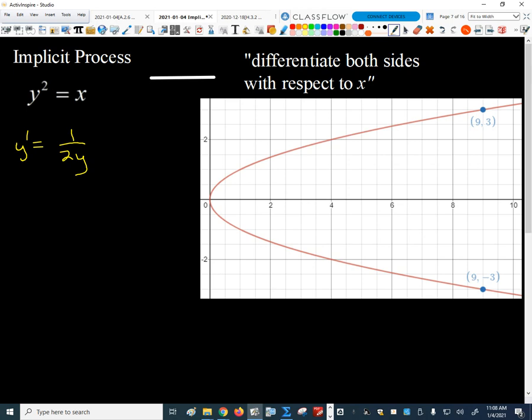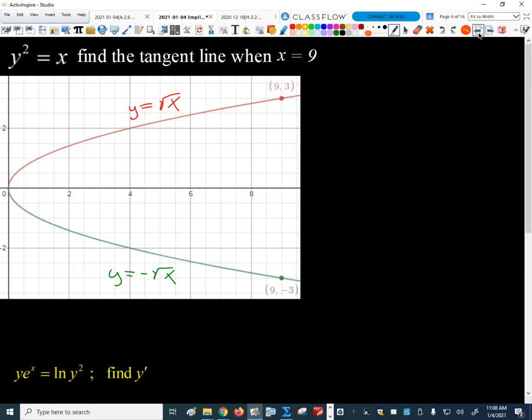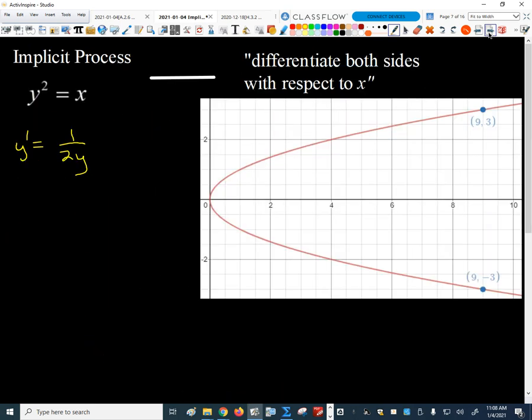Well, if we want to find the tangent lines in the original, we want when x equals 9, right? If I let x equal 9 in my original equation up here, that gives me y squared equals 9.